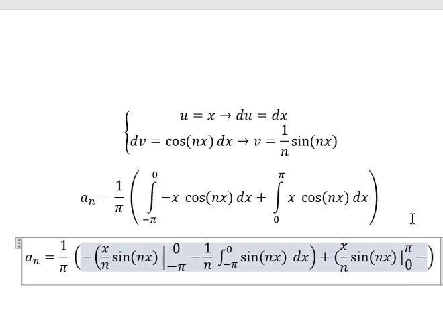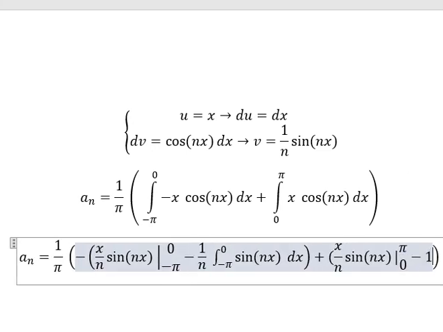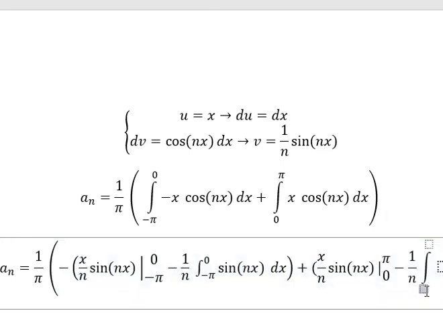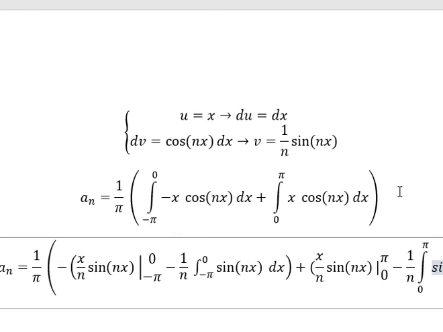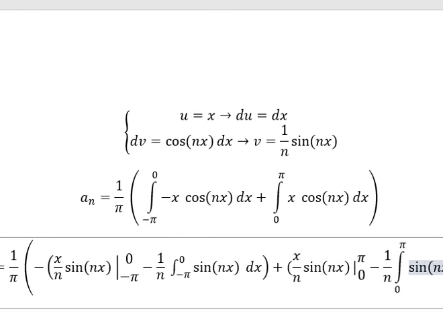Minus 1 over n, and then we have the integration from 0 to b. And this one, we have sine ns ds.